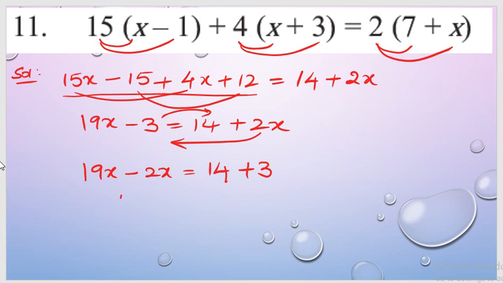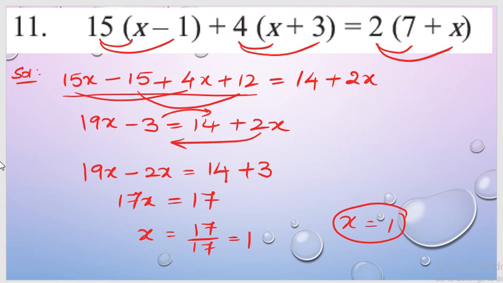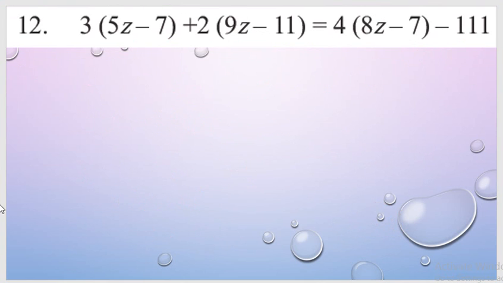So 19x minus 2x is nothing but 17x is equal to 14 plus 3 is 17. So from this x is equal to 17 divided by 17. So which gives me the answer as 1. So the value of x is nothing but equal to 1. Right? So if we are having more number of brackets also, we are going to do the same process, right? Next, one more question.